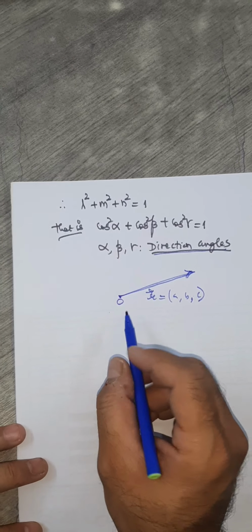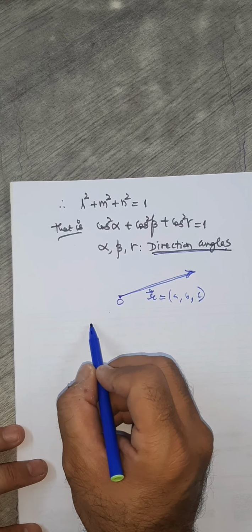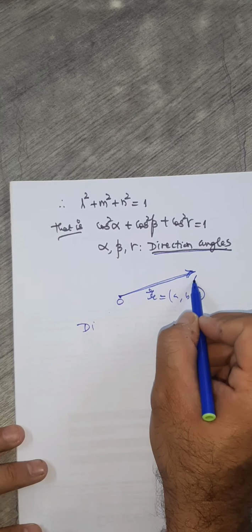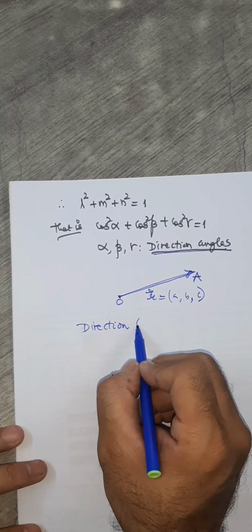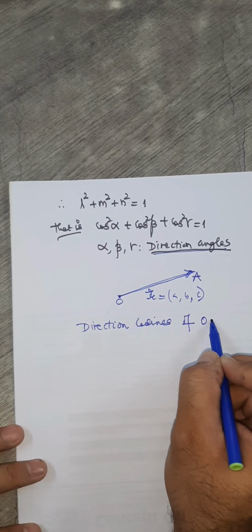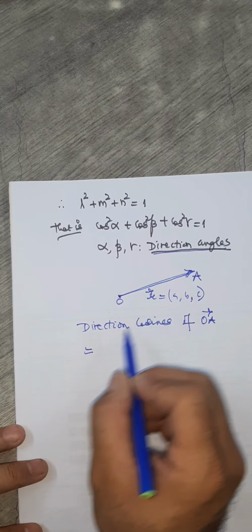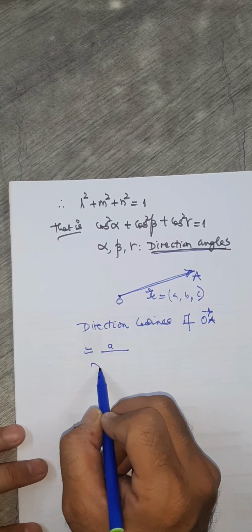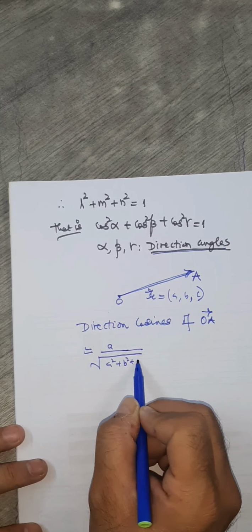Then you can write the direction cosines very easily. How do we write the direction cosines of this vector OA? It is the unit vector in the direction of this. The first component upon its magnitude, and the magnitude is root of a square plus b square plus c square.